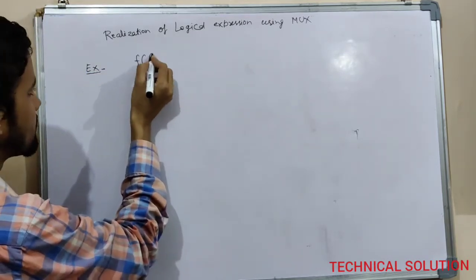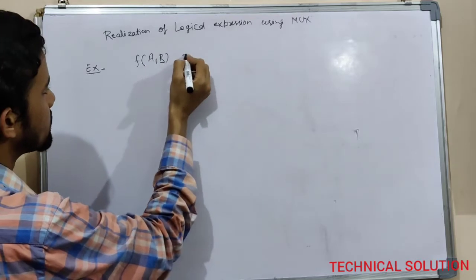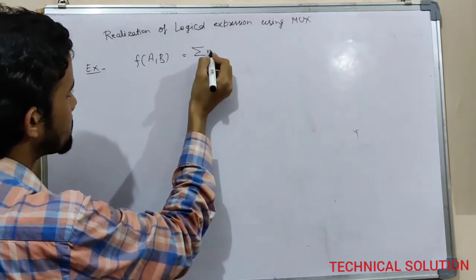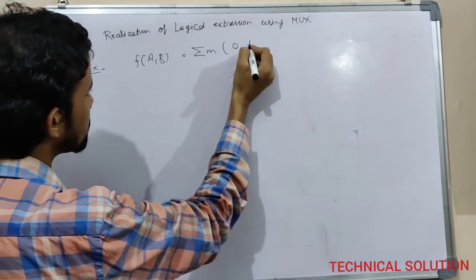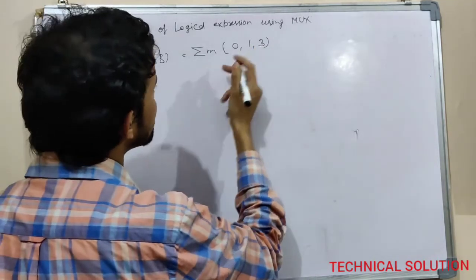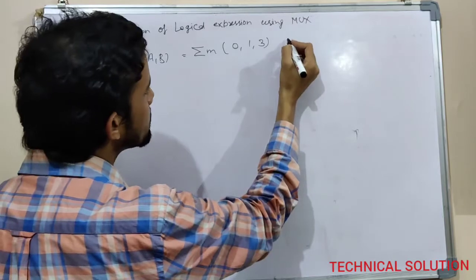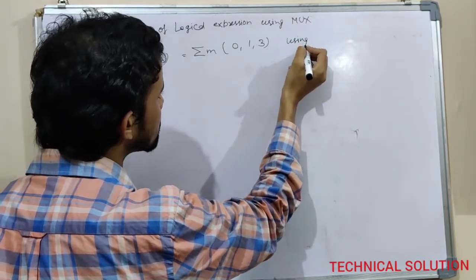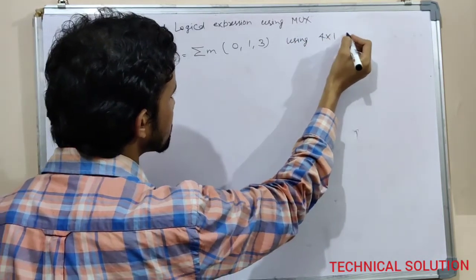Let us have a function F(A,B) which is given by minterms 0 1 3. So design this function using a 4x1 mux.